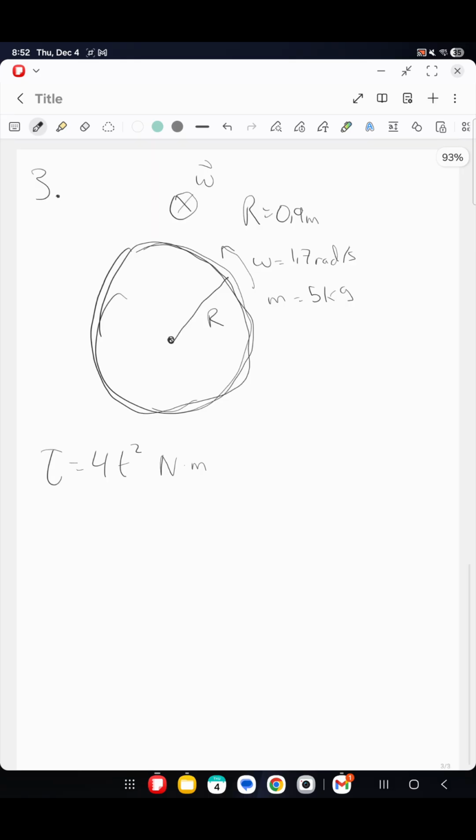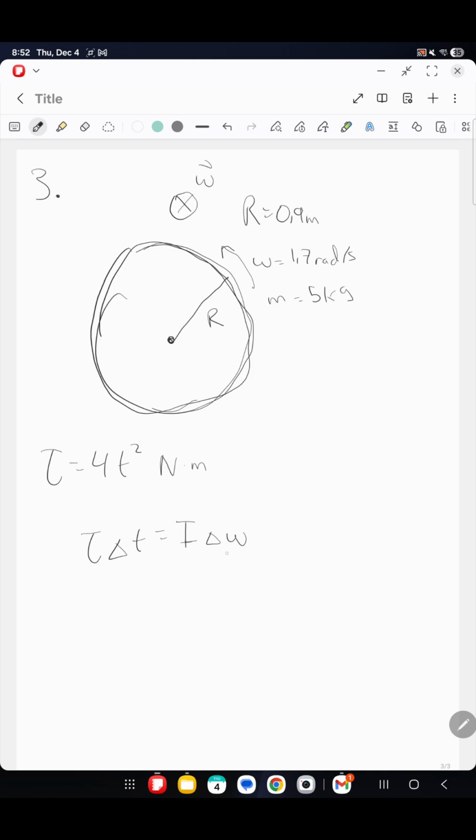What you can do is use this equation: torque times time is equal to the moment of inertia times the variation in the angular velocity.